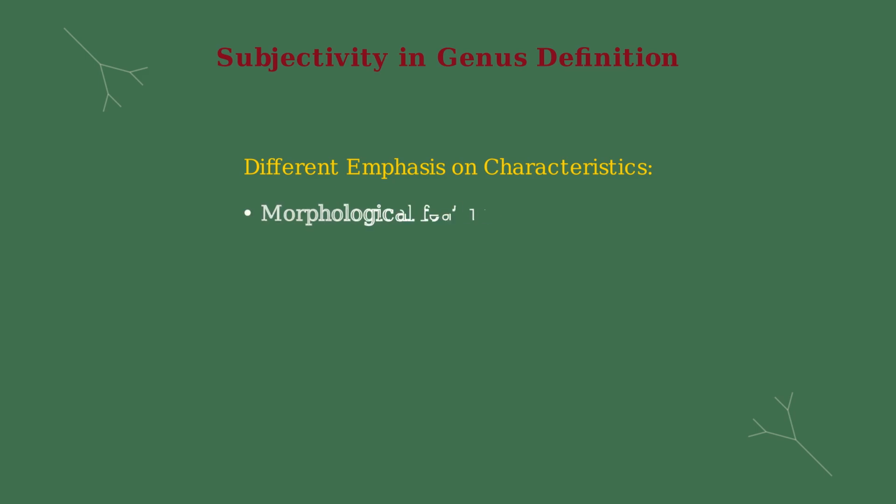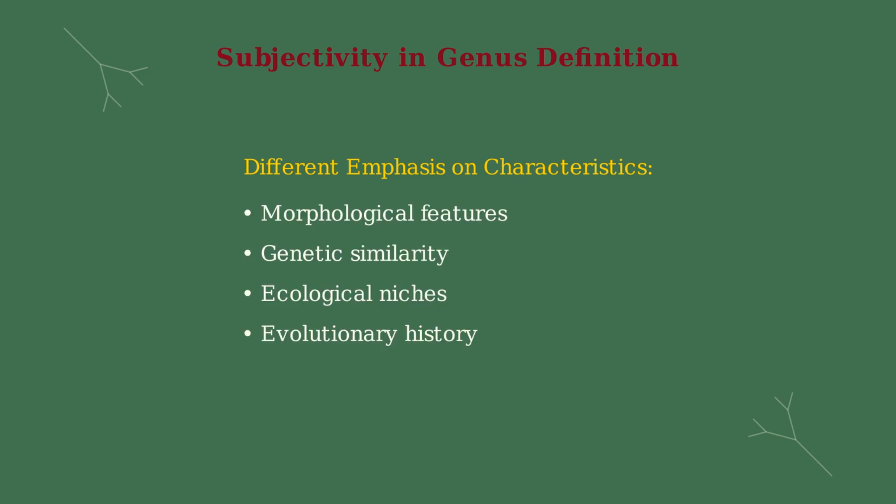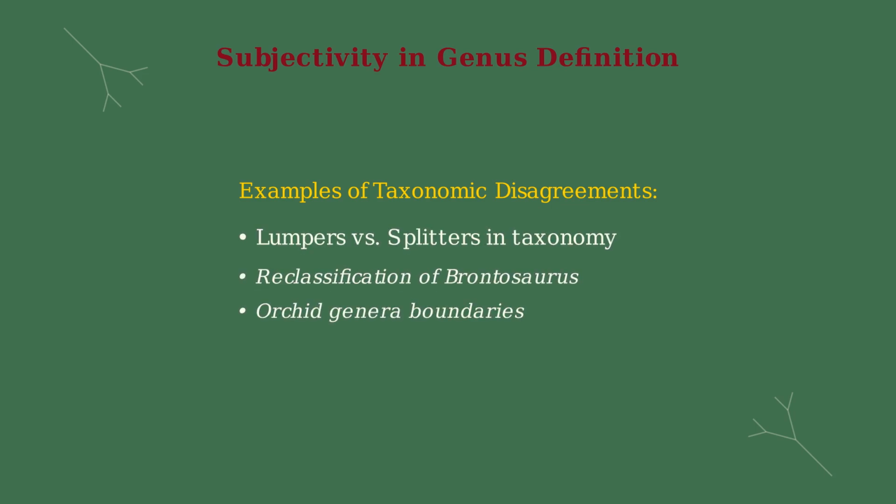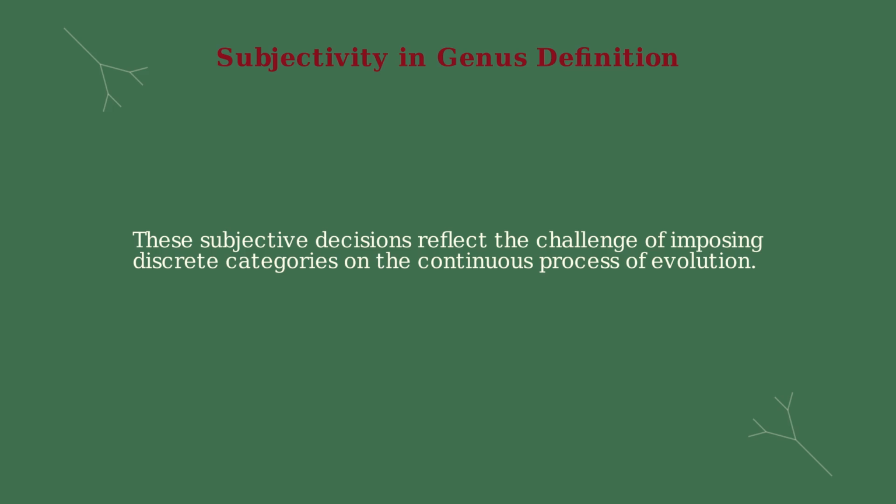These disagreements arise because taxonomists may prioritize different characteristics when defining genera. We can see this subjectivity in action through several well-known examples of taxonomic disagreements. These subjective decisions reflect the fundamental challenge of imposing discrete categories on the continuous process of evolution.